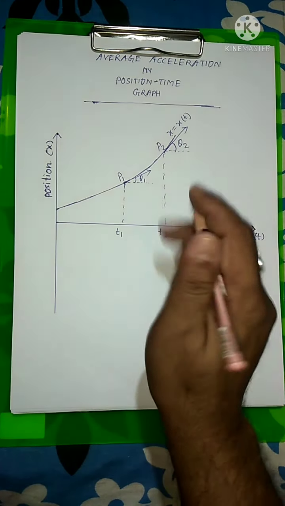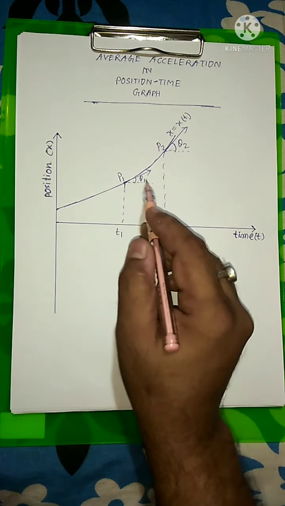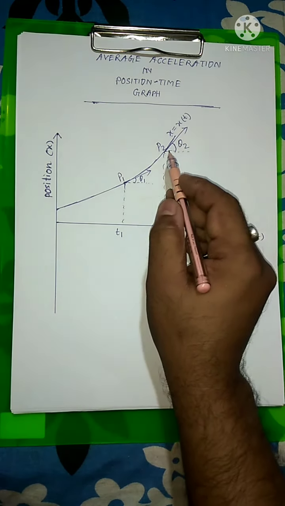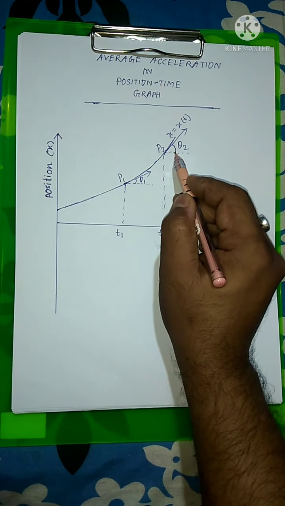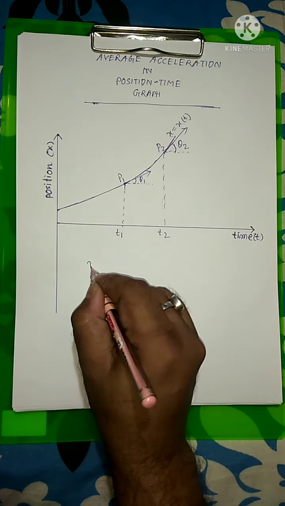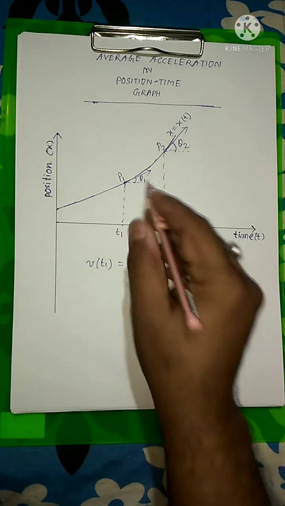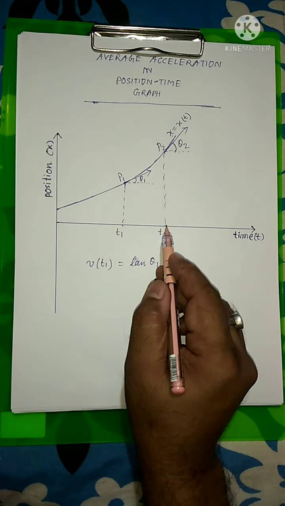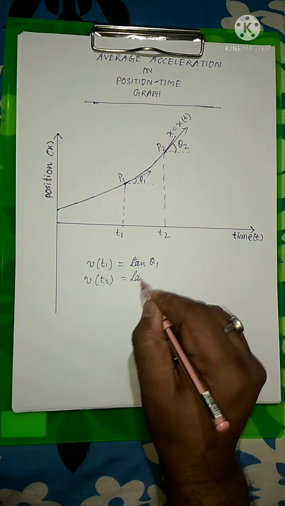So the instantaneous velocity corresponding to point P1 is the tangent of the angle theta 1, and the instantaneous velocity corresponding to the point P2 is the tangent of the angle theta 2. The instantaneous velocity at t equal to t1 is equal to tan theta 1, and the instantaneous velocity at t equal to t2 is equal to tan theta 2.